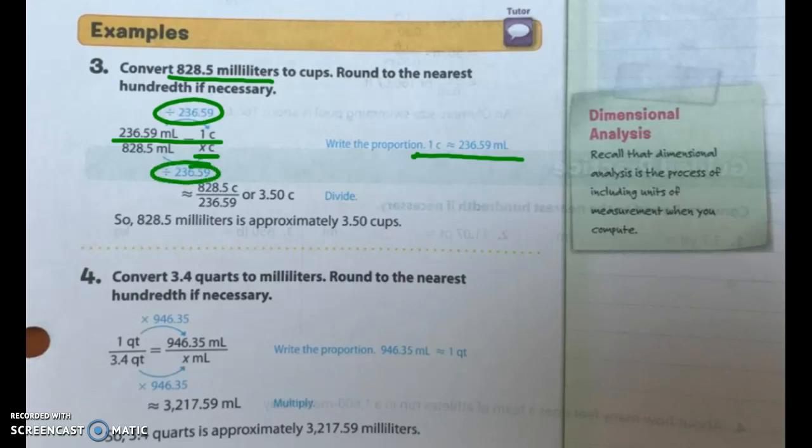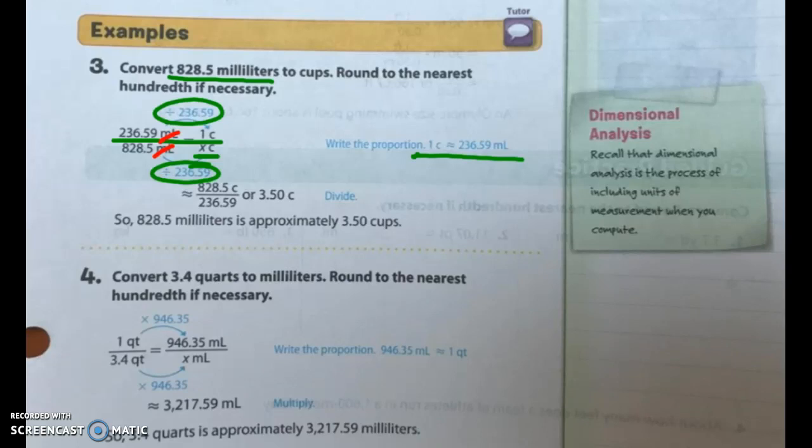So if I do that, I end up just getting the 828.5 milliliters divided by 236.59. What they didn't show you is they actually canceled. Milliliters in the top, milliliters in the bottom is going to cancel. So they're just dividing the numbers.